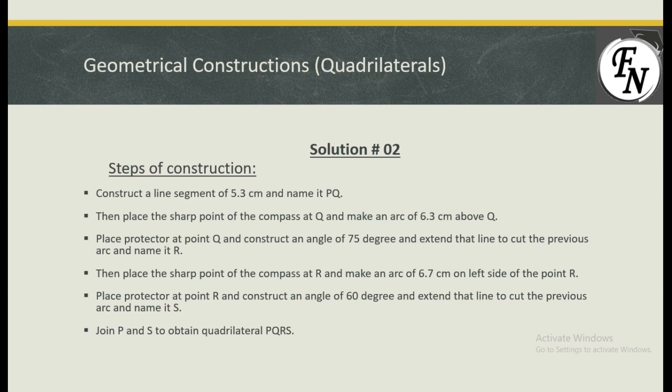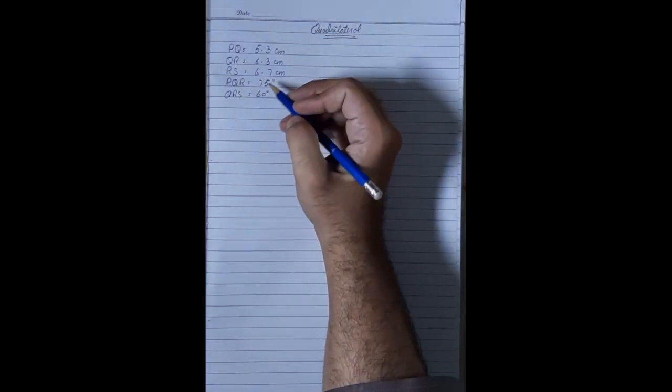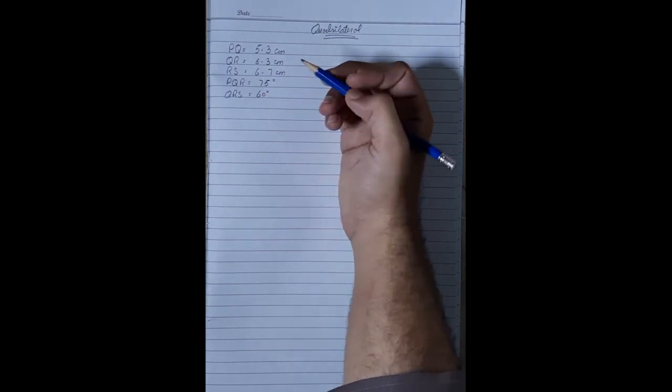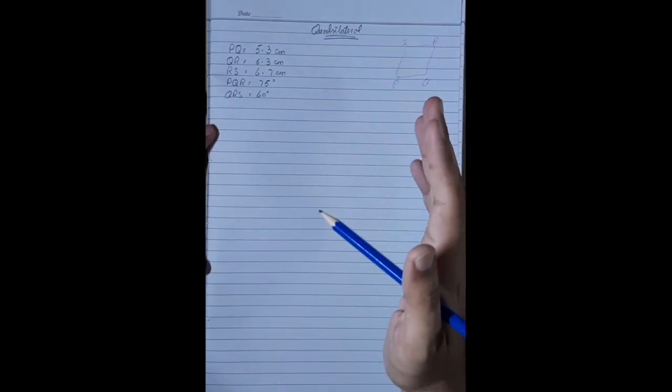So this is how we will obtain a quadrilateral, and we will now look at it on a piece of paper. We will be drawing a quadrilateral with three sides given and two angles given to us. Firstly, draw a tentative quadrilateral, that means a figure with four sides, and name it PQRS, so that we can understand which are the edges and which are the diagonals.